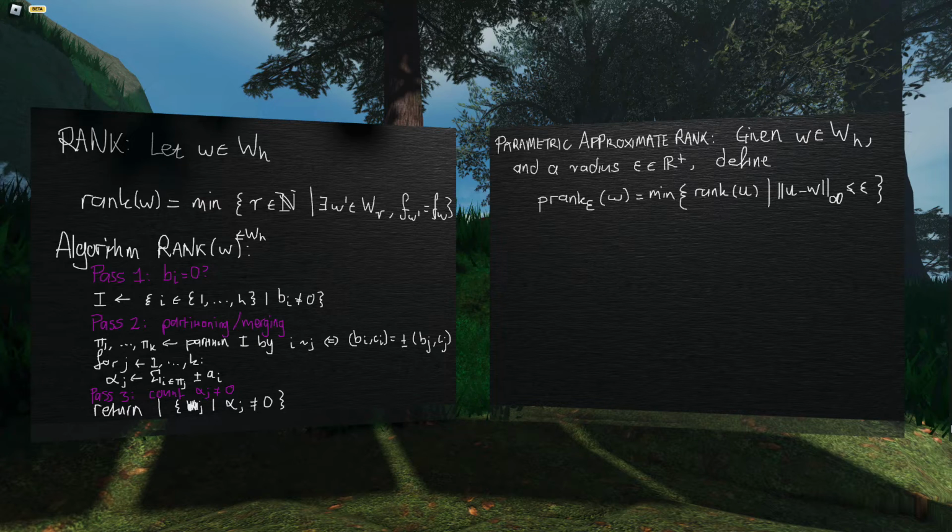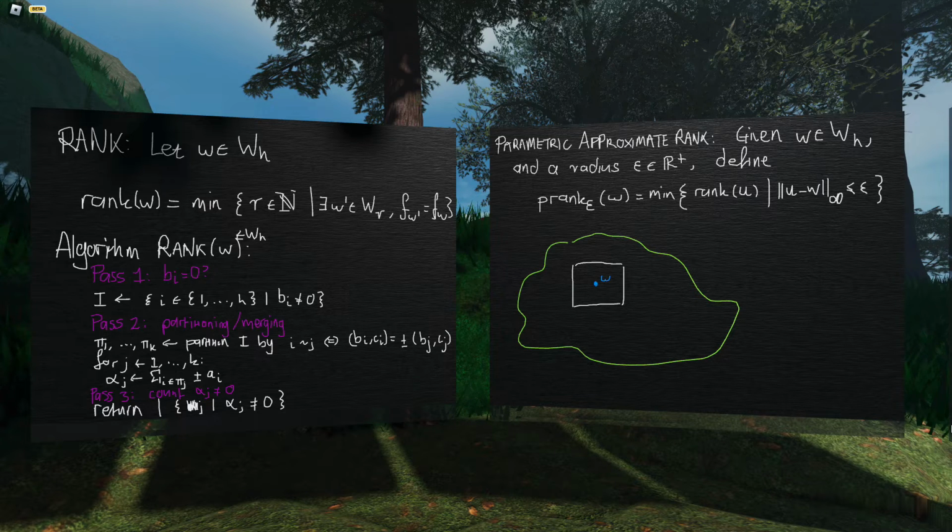So what this looks like is you've got your parameter space. You have your particular parameter w. You form a uniform distance neighborhood around that of radius epsilon.